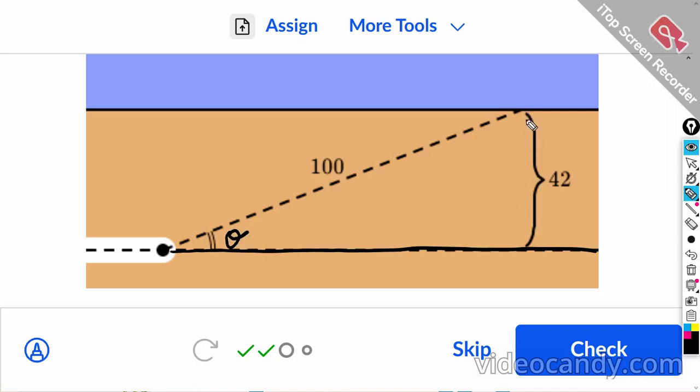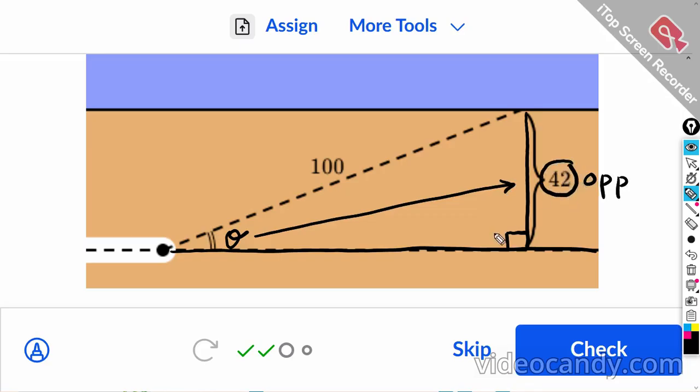All right, since this is a height, we can assume that this goes straight down and makes a right angle with the ground. All right, step 1, label sides. As always, if this is your angle and you go across from the angle, that side is going to be your opposite. Okay, if you go across from the right angle, that side is going to be your hypotenuse.